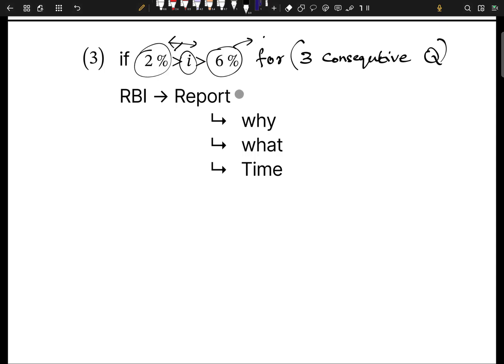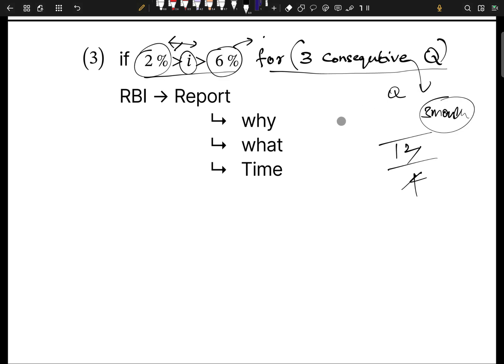So the RBI has to submit a report to the Government of India. This inflation outside the bandwidth should be for 3 consecutive quarters. What is a quarter? We have a financial year with 12 months, and a quarter is one-fourth of that, that is 3 months, and 3 quarters is 9 months.